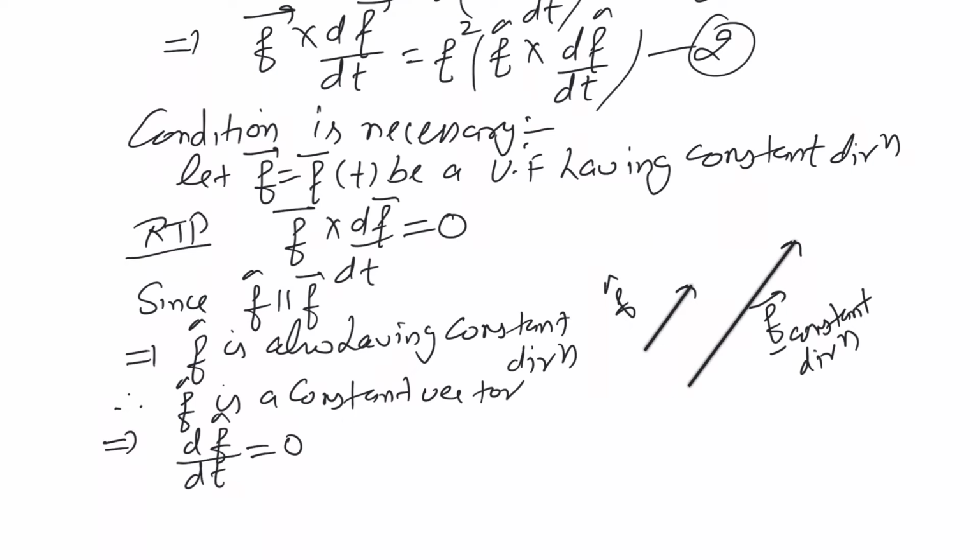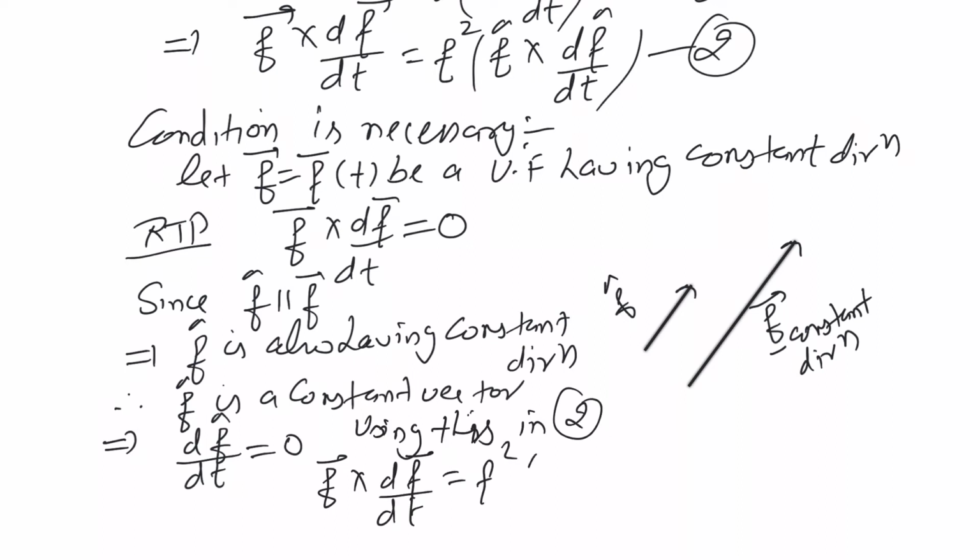Using this, f vector cross df by dt is equal to f square f cap cross 0 vector.